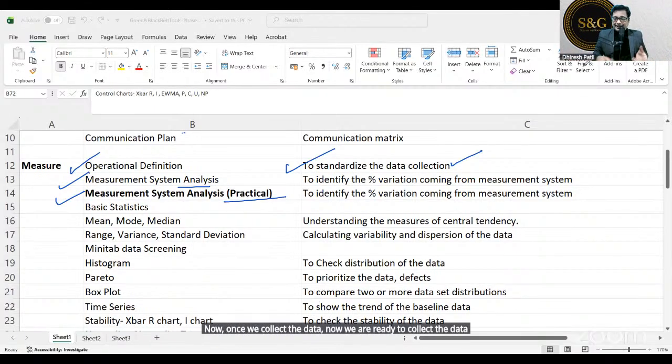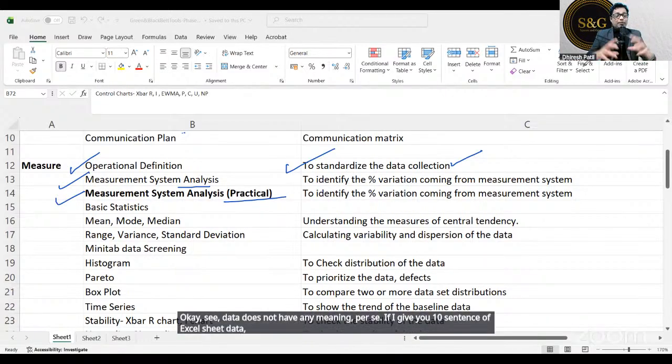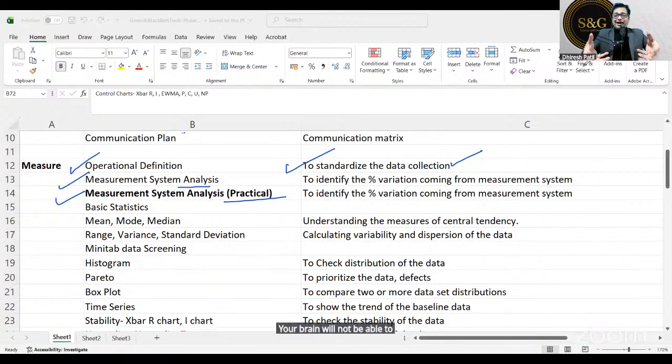Once we collect the data, now statistics comes into the picture. See, data does not have any meaning per se. If I give you tons and tons of Excel sheet data, your brain will not be able to comprehend anything out of it.